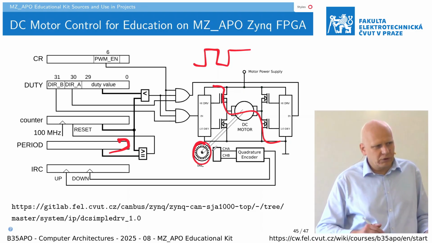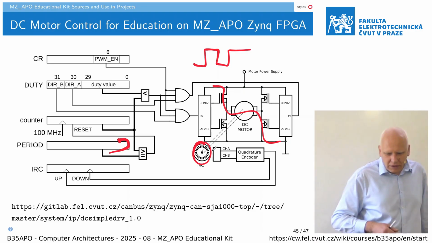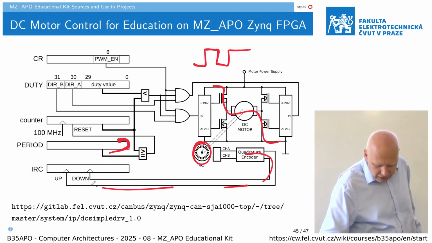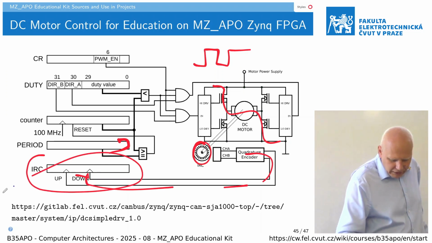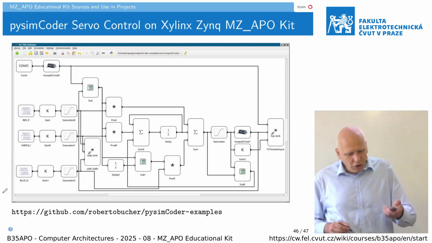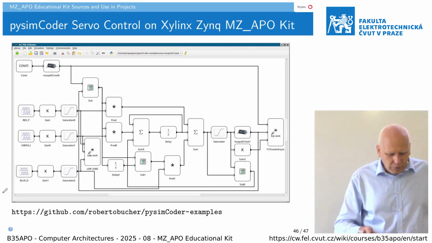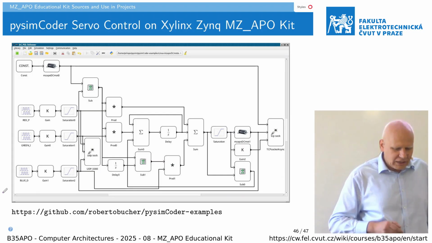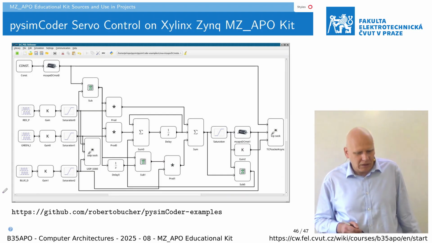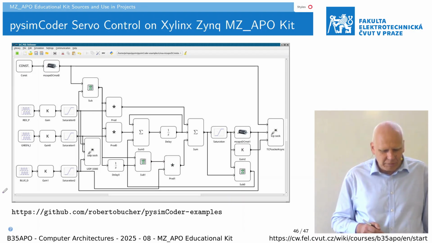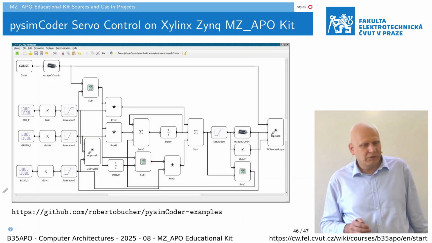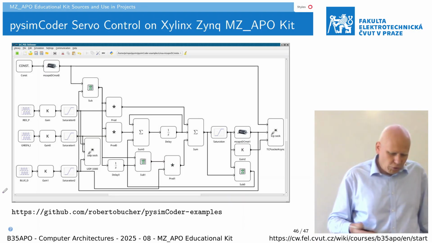If you have on the motor the incremental rotary sensor, then you can get the position directly from another register. Okay, so this is an example of how you can control it. In this case, not from MATLAB Simulink, but from the PySimCoder system, on which we cooperate with Roberto Bucher, professor from Switzerland. And it works quite well.